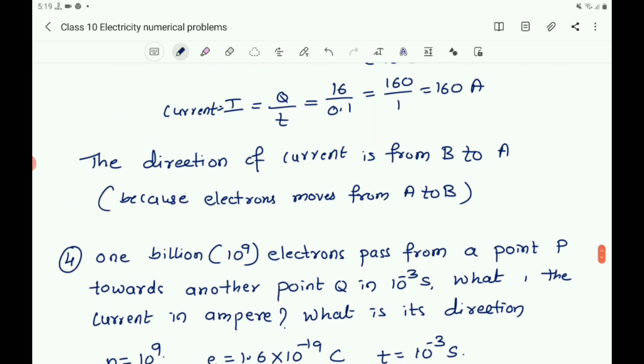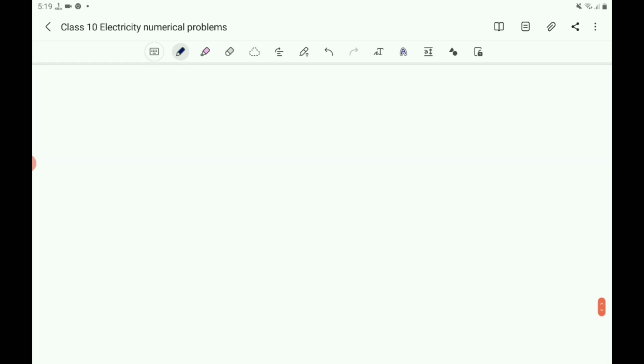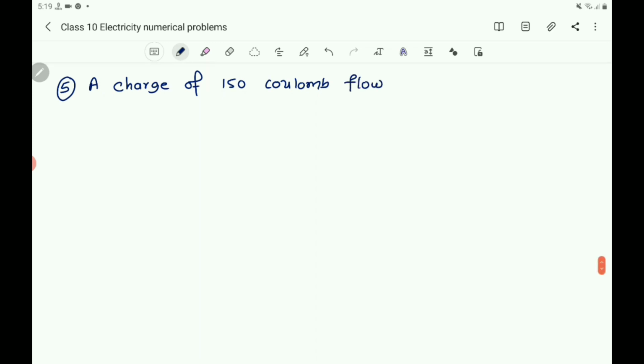That is question number 5. A charge of 150 Coulomb flows through a wire in 1 minute.